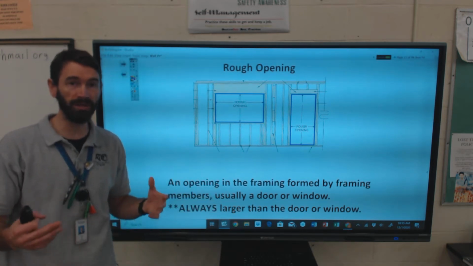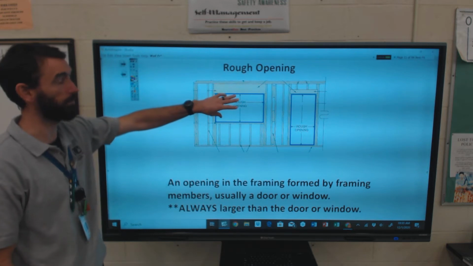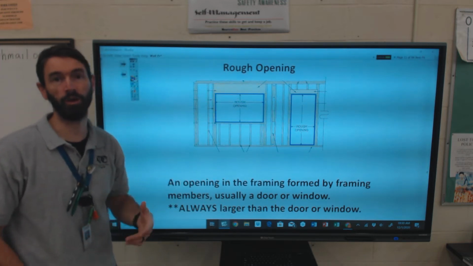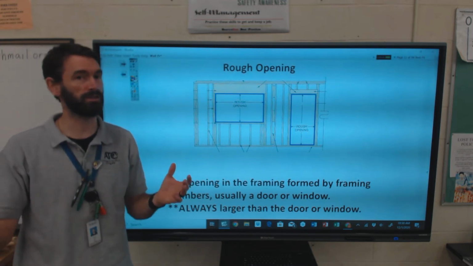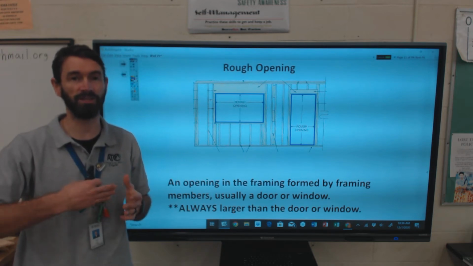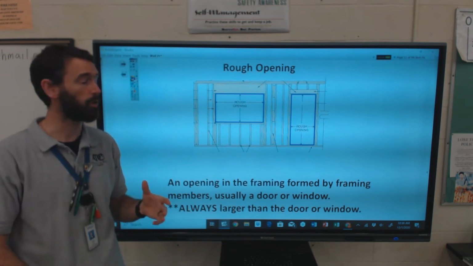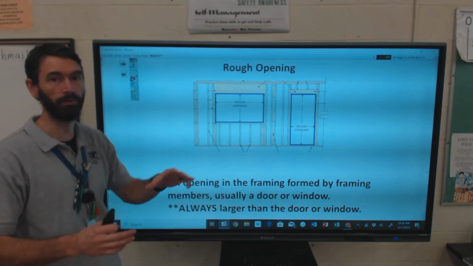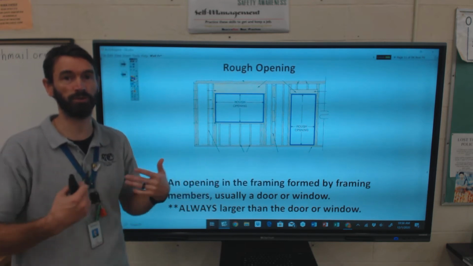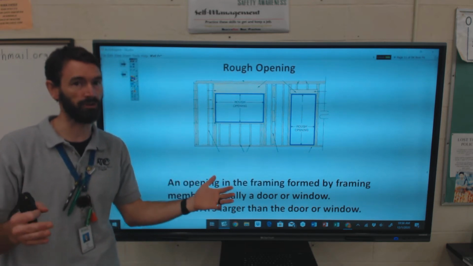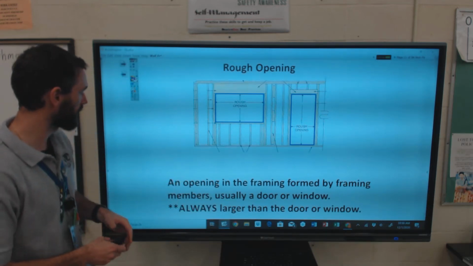Now, it could be a doorway. It doesn't necessarily have to have a swinging or closing door. Or it could be just an opening in the wall that might not be a window, but it might be a pass-through between maybe your kitchen and your living room, things like that.